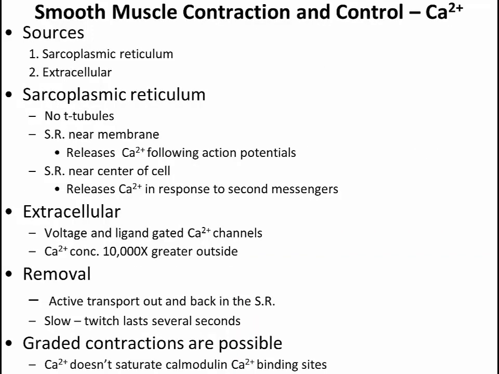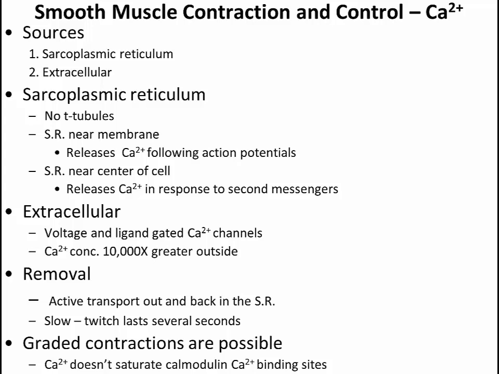In the case of smooth muscle, the calcium that leads to contraction comes from two sources: the sarcoplasmic reticulum and extracellular calcium. What we notice is that the sarcoplasmic reticulum in smooth muscle is less developed than in skeletal muscle. Also, we notice that there are no T-tubules that allow action potentials to proceed from the outside of the muscle cell plasma membrane to the inside.